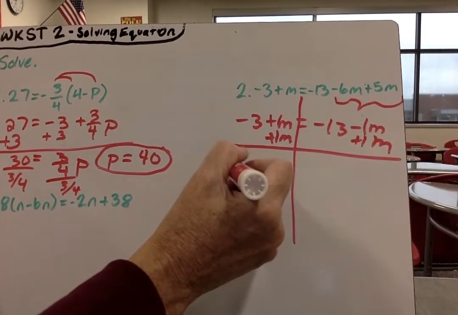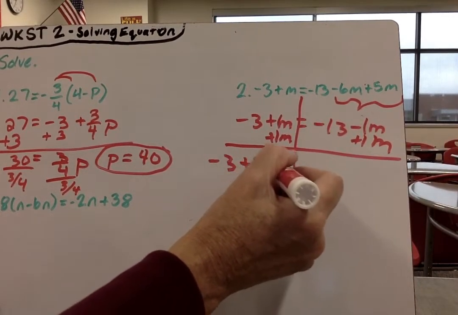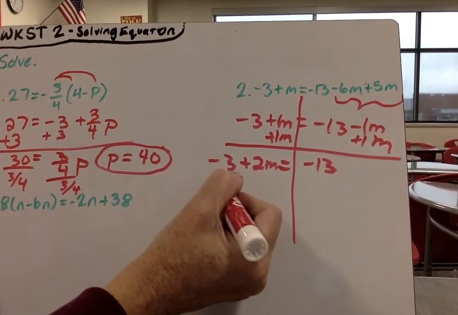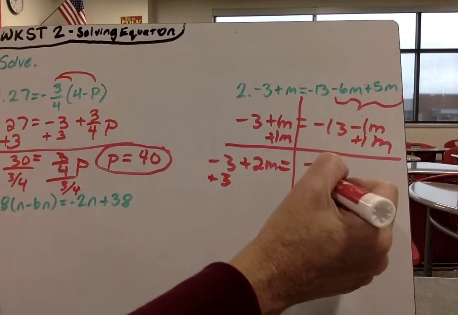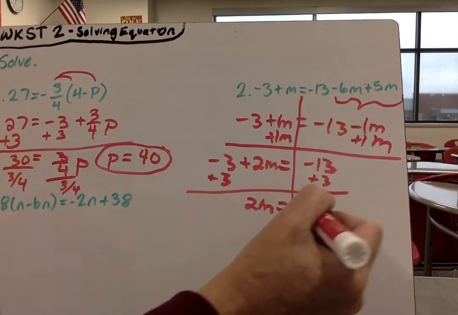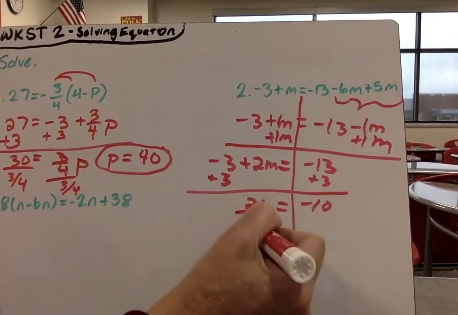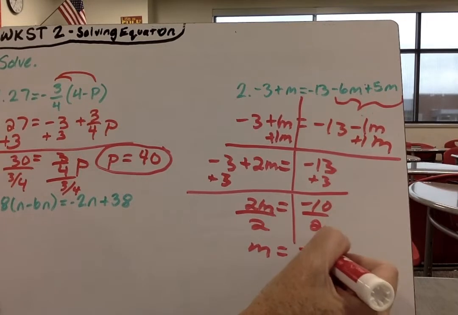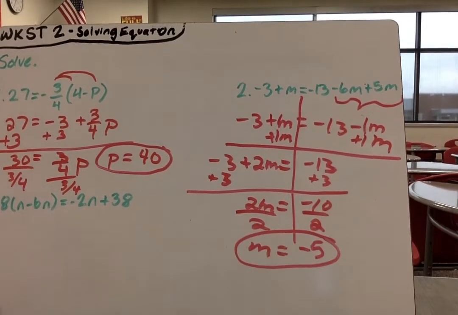So I'd say -3 plus 2m equals -13. Now I'm going to go plus 3, 2m equals -10. And we're done.